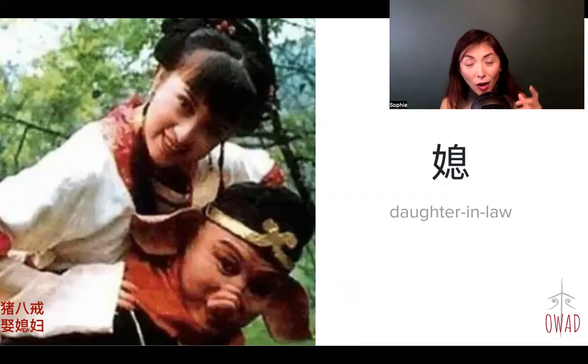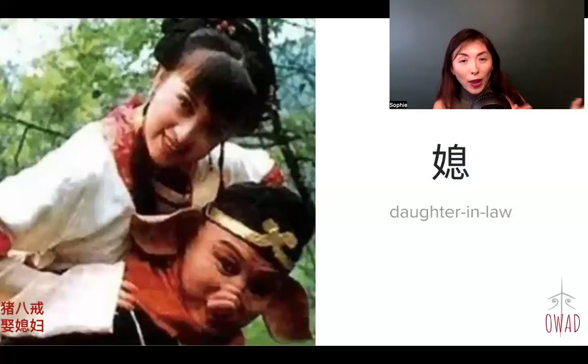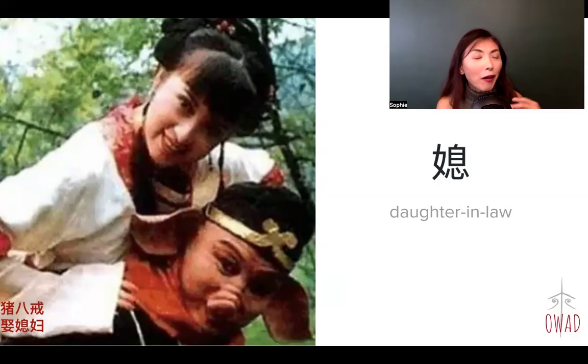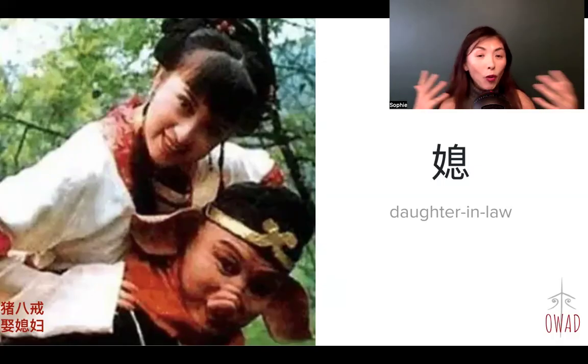who was then cosplayed by his teammate who went on this quest to the west to get true knowledge of Buddhist scripts or something like that, right? So the Sun Wukong, this monkey king figure, can transform into all kinds of figures.